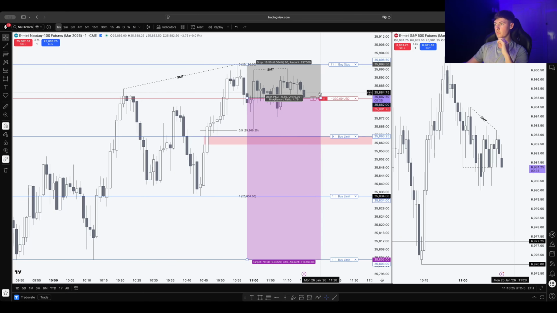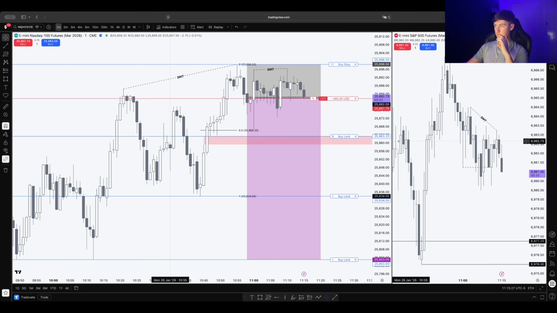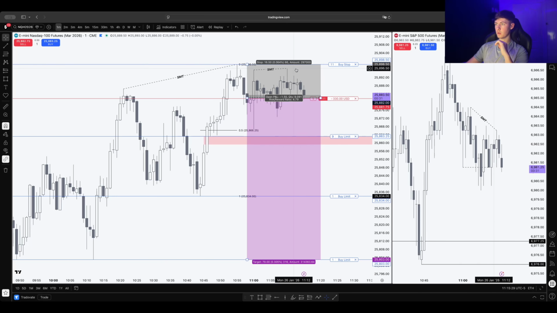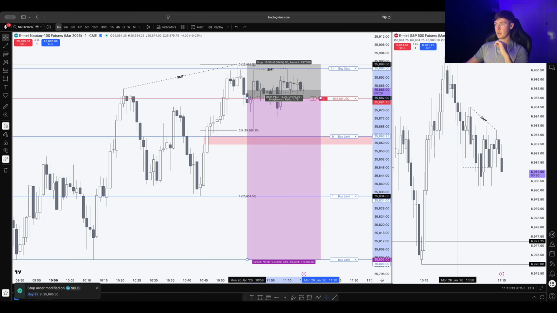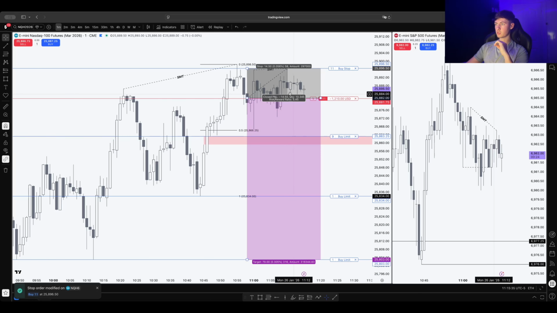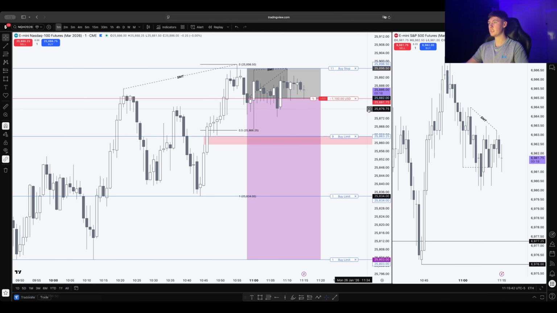So we've just formed an intermediate term high there on NQ. So I am going to trail stops to that high since it is already an intermediate term high. See, it's got a short term high to the left of it. What is that? Is that a short term high? Well, short term high to the left of it and a short term high to the right of it.